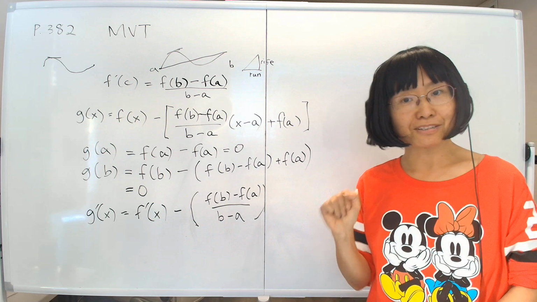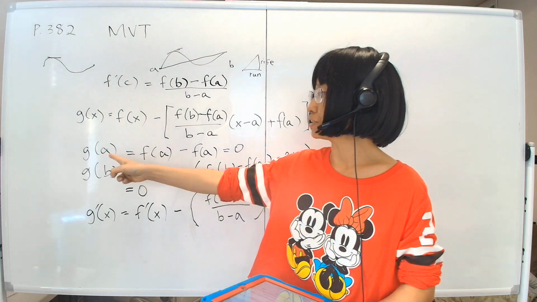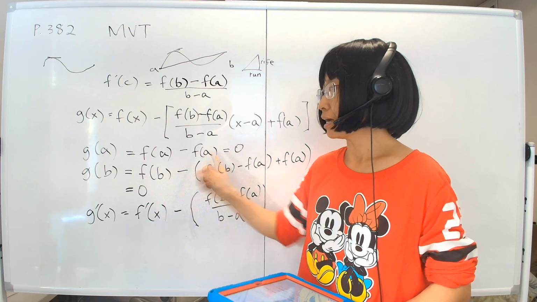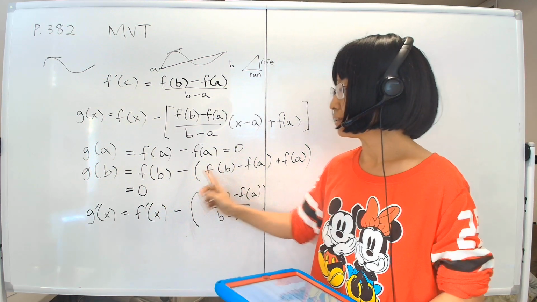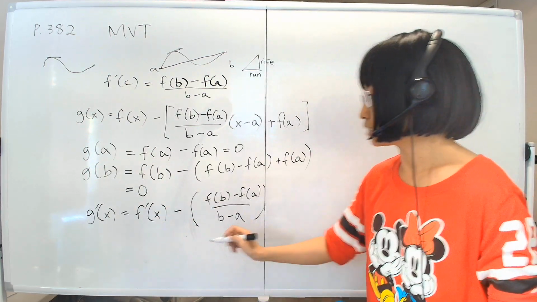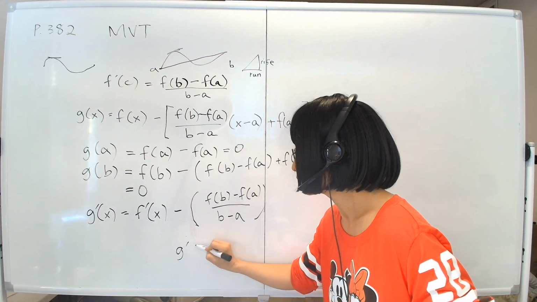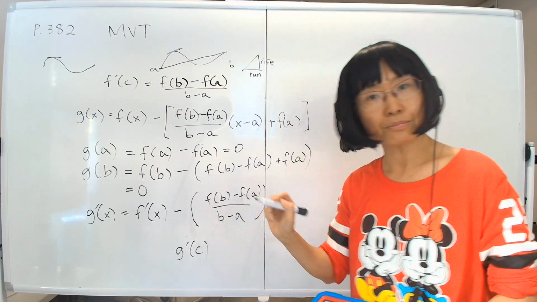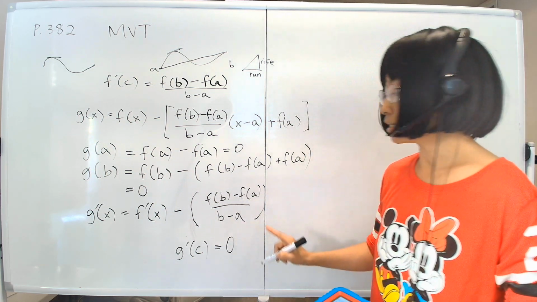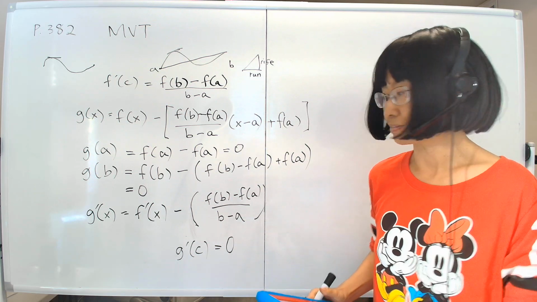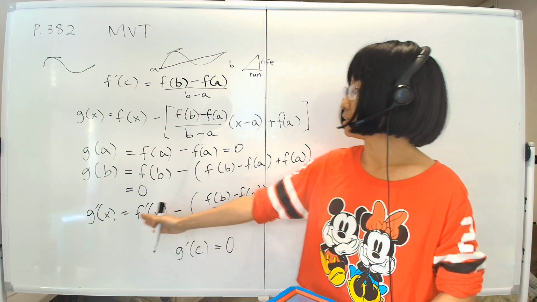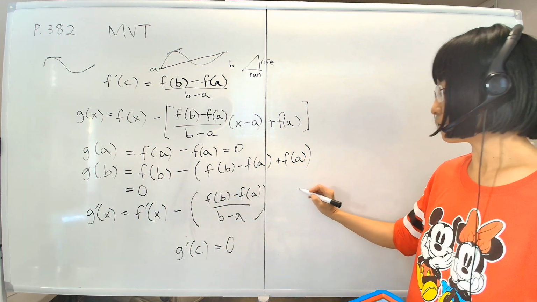Now, by Rolle's theorem that we just proved, if you have a function that is the same at both ends, then there exists a point c such that g prime of c equals 0. This is by Rolle's theorem that we just proved. So we'll plug the c in here.